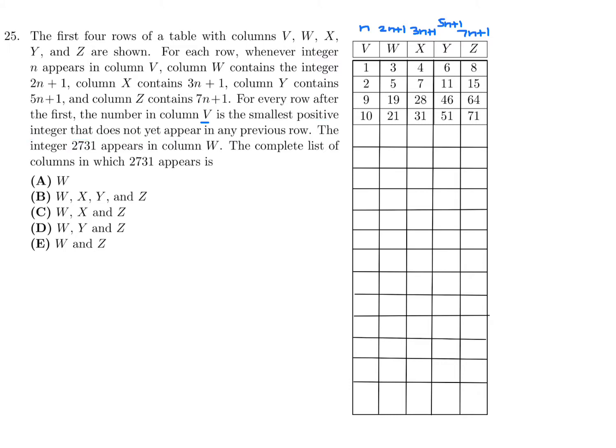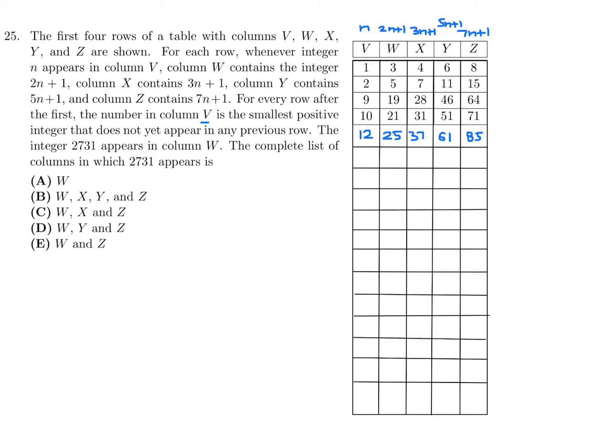So 11 seems to be the natural next choice, but 11 already appears there, so I can't put 11. 12 is the smallest, because 12 does not appear yet. And now to get all the other ones here, I just take 12 to be my n, and then figure out 2n plus 1, 3n plus 1, and so on. And when I do that, I get 25, 37, 61, and 85.